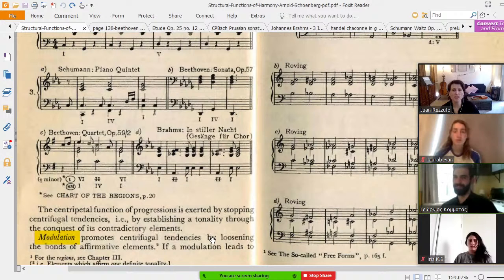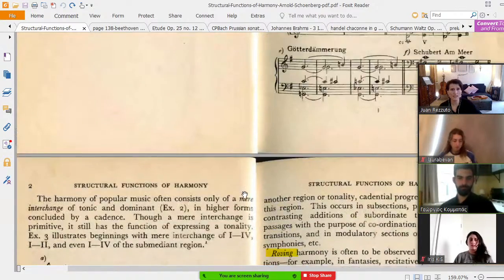It says, by establishing a tonality through the conquest of its contradictory elements, a centripetal function of progression is exerted by stopping centrifugal tendencies. 1-5-1 is the most centripetal force we have, because it's establishing the gravitation around the tonic. Now, as composers, you have to establish that yourself. That won't happen by itself, and that's why it's important to say a chord is aimless. A chord doesn't say anything.